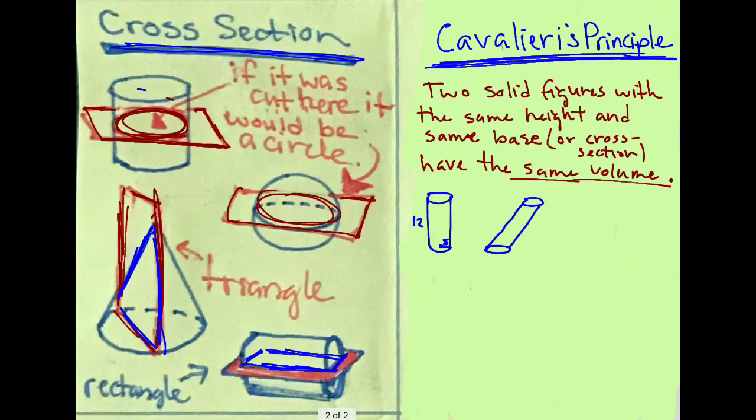So if I pushed it over to where it was slanted now, but it had the same radius down there at the bottom, so it has the same size base, and the height of it, no matter that it's slanted, if I measured the height and it was still 12, then those are going to have the same volume.